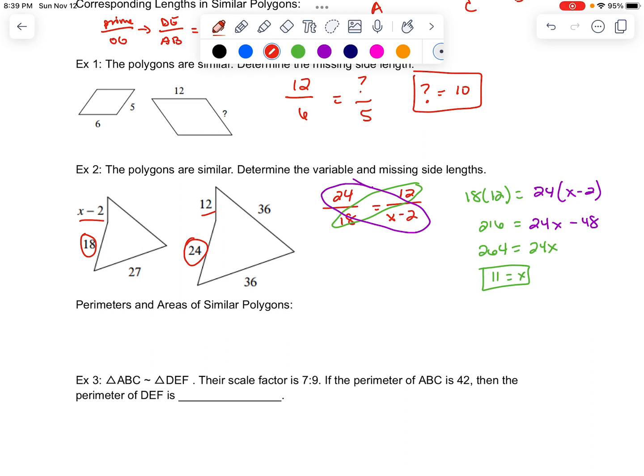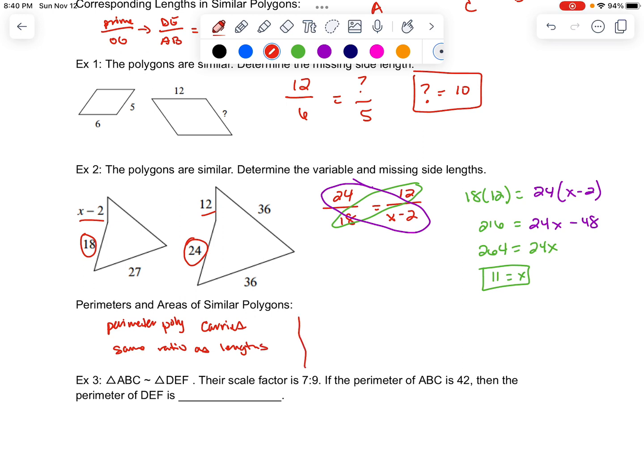Perimeters. With perimeters, the perimeter of your polygon, whatever it happens to be, is going to carry the same ratio as the lengths.